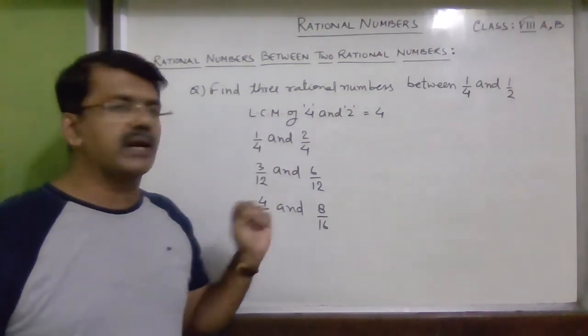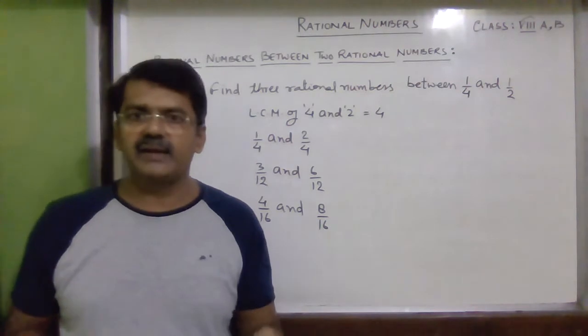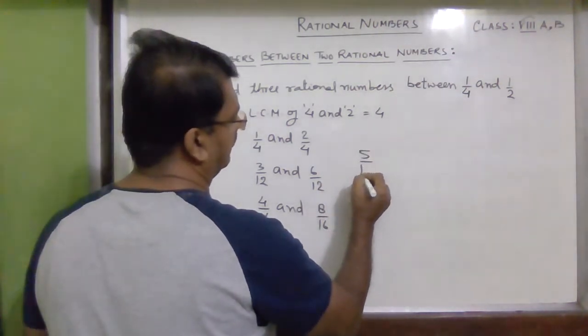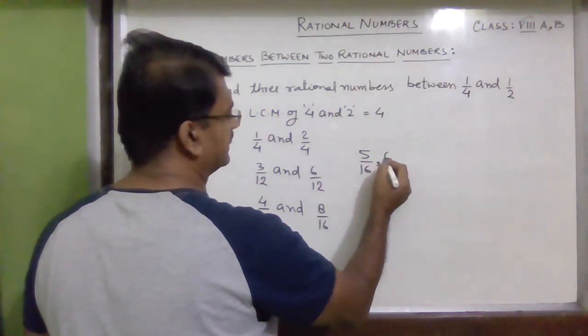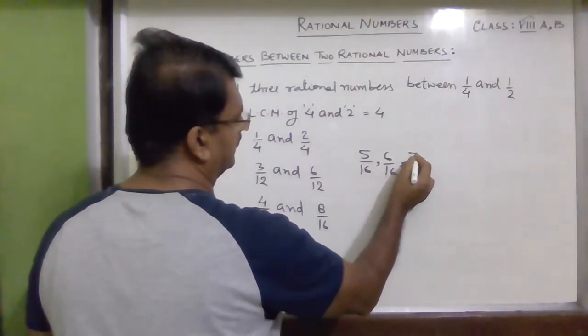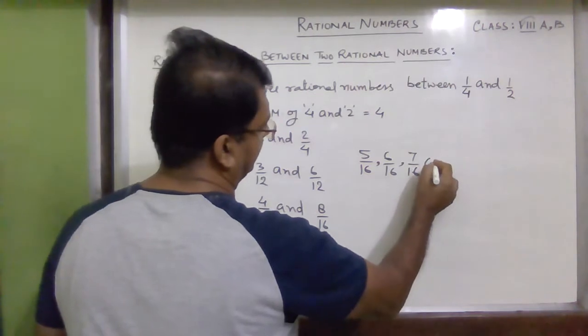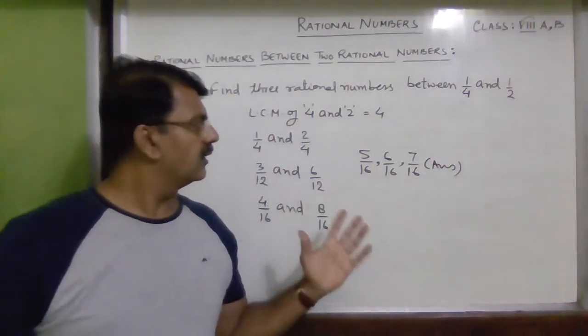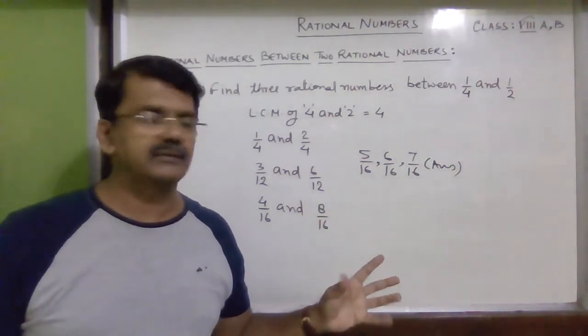Now between 4 and 8 we have 5, 6 and 7. So the first number is 5 by 16. Then the other number is 6 by 16. And the third number is 7 by 16. And that is your answer. So you can see 5, 6 and 7.